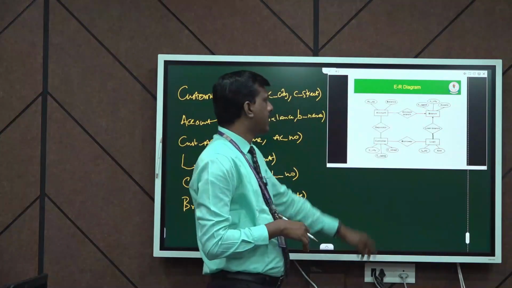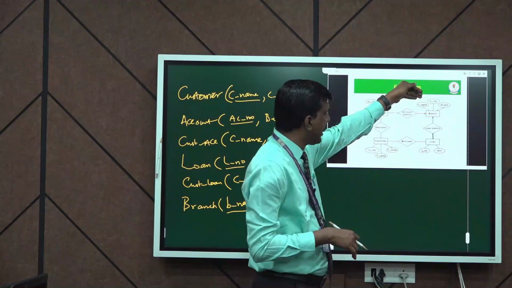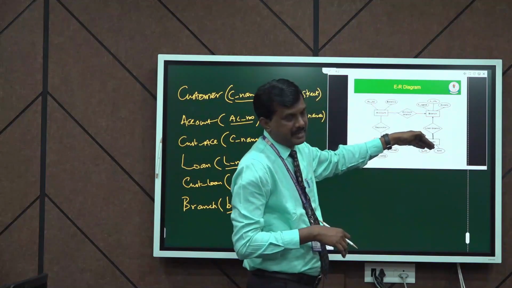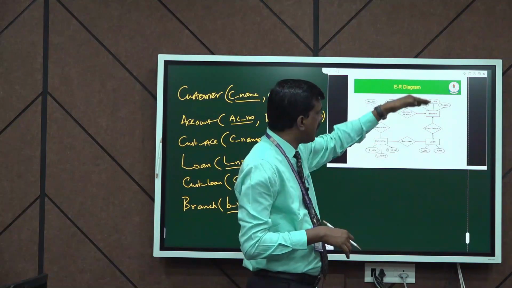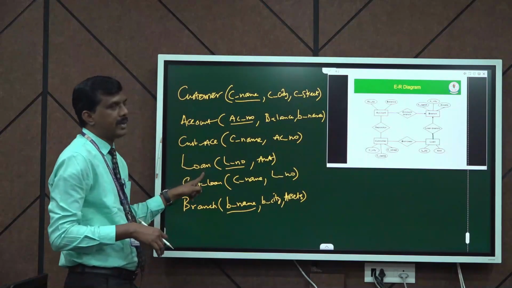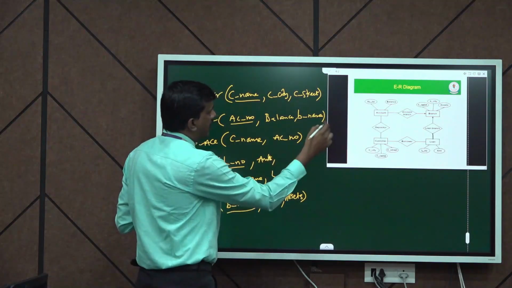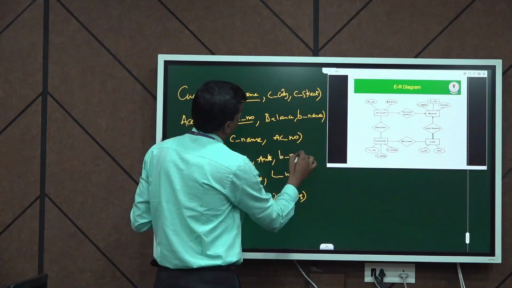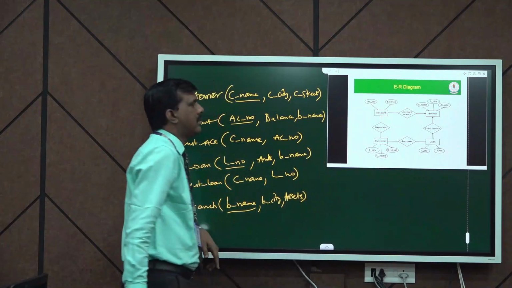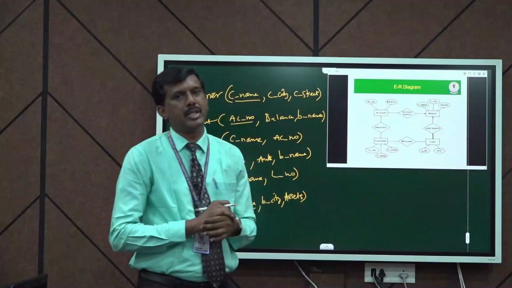The branch is the 1 side, so its key attribute should be included in the many part. So the branch name should be included in the loan table. Along with the amount, we add branch name. Now we have completed this relationship also.